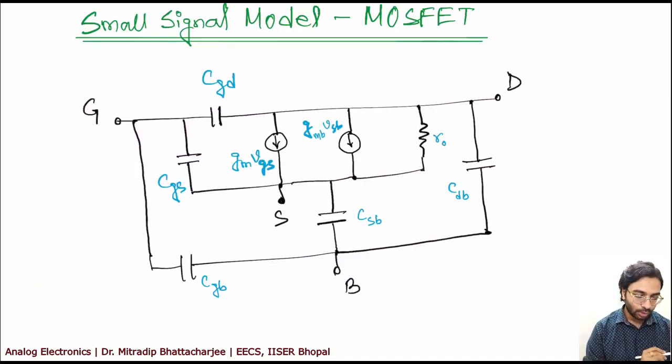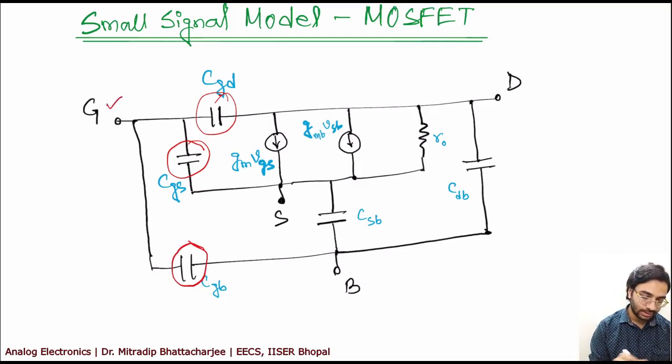And this is the small signal model. In the small signal model you have different parameters, like the capacitances: gate-drain capacitance, gate-source capacitance, gate-bulk capacitance. You have four terminals, gate, drain, bulk and source, and the capacitances are placed accordingly.